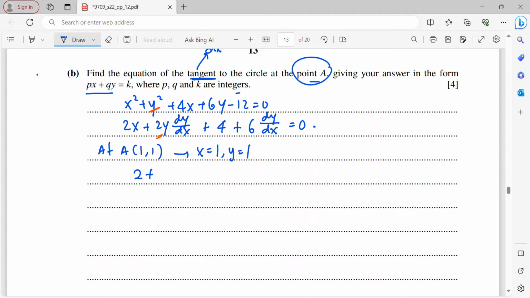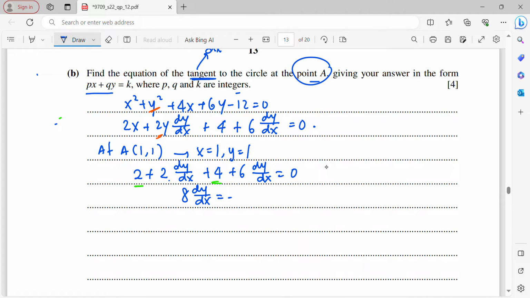I substitute into this equation. Then 2y again is 2, then dy dx plus 4 plus 6 dy over dx equals to 0. Now 2 dy dx plus 6 dy dx is 8 dy dx. And then this plus 2 and plus 4 will be plus 6. You move it to the right side, becomes minus 6.